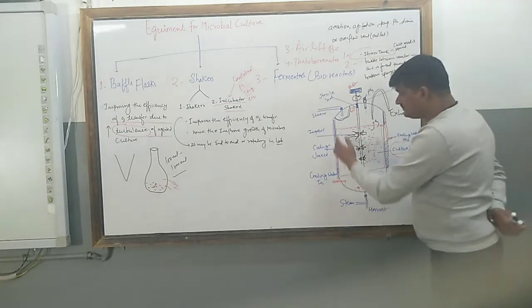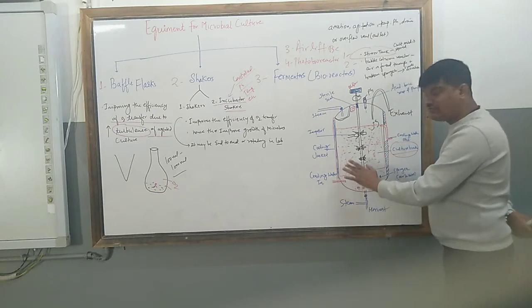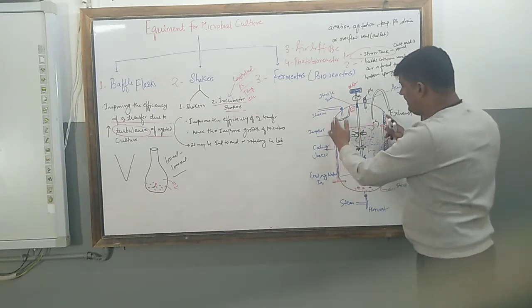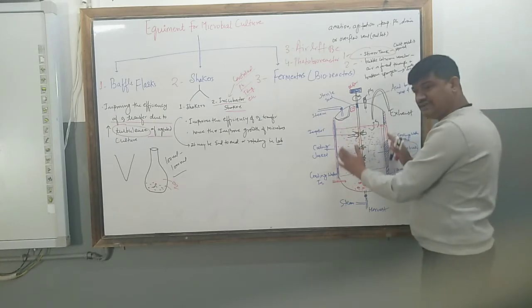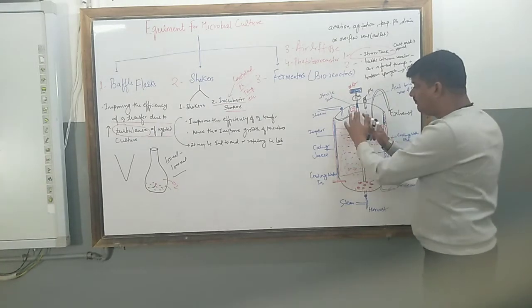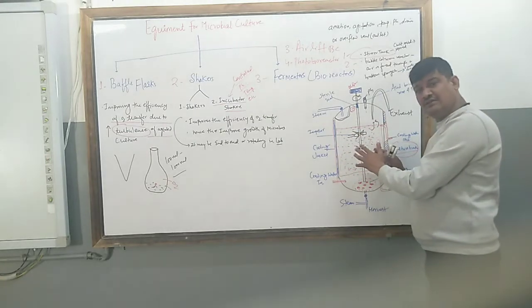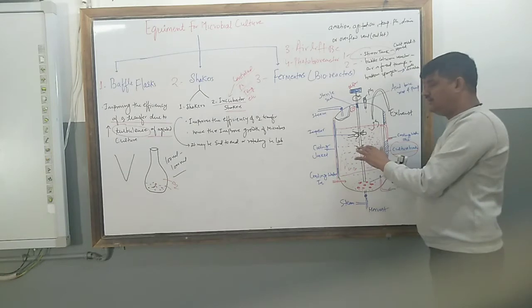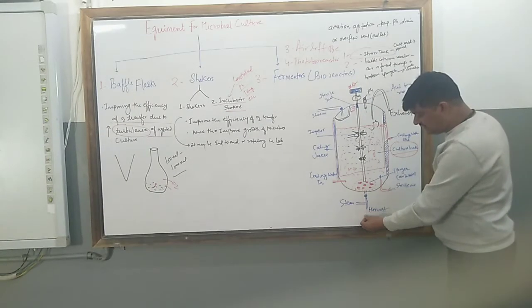Next, there is a thick lining of this culture vessel, the bioreactor, and that we call the cooling jacket. So why this cooling jacket? The role of the cooling jacket is to maintain the temperature inside the bioreactor, which is suitable for the growth of the microorganism. Now let us see here.